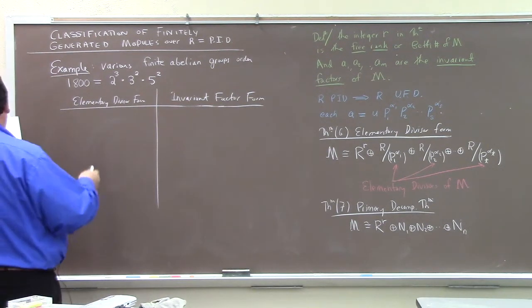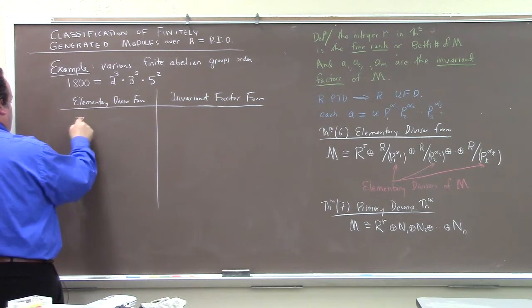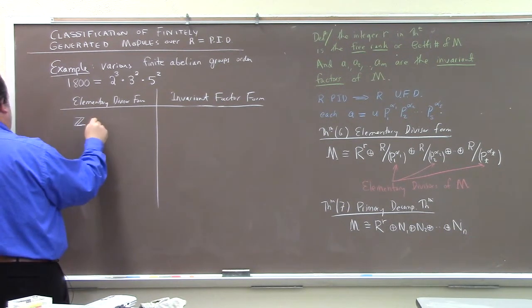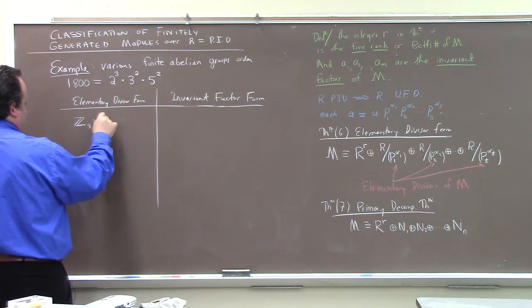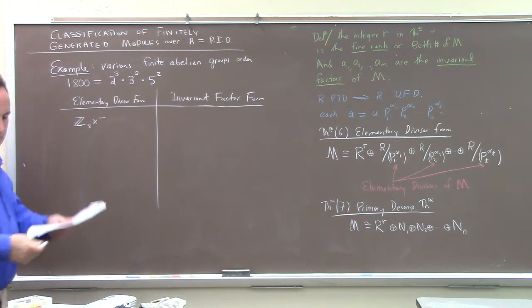So one thing we could have would be Z8 cross Z9 cross Z25.